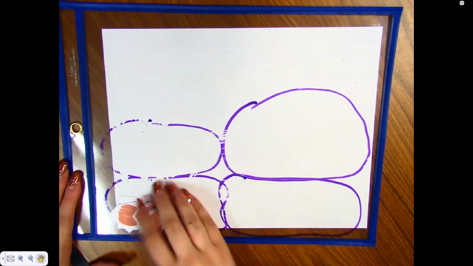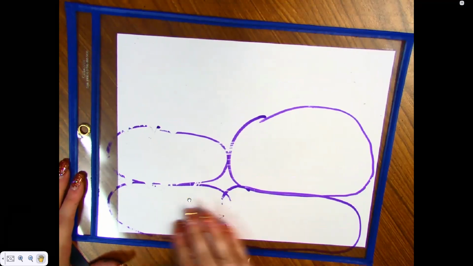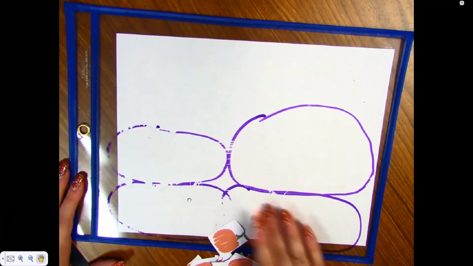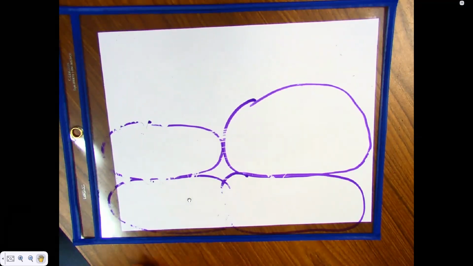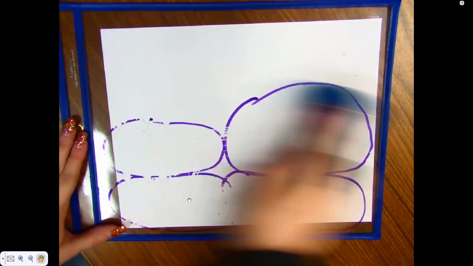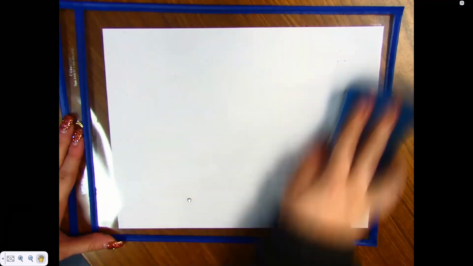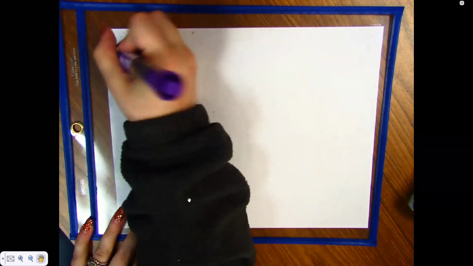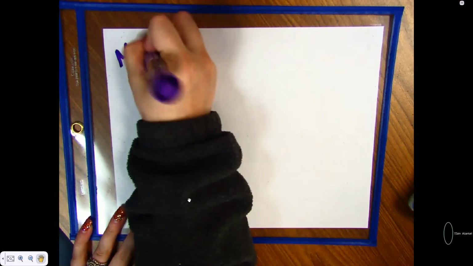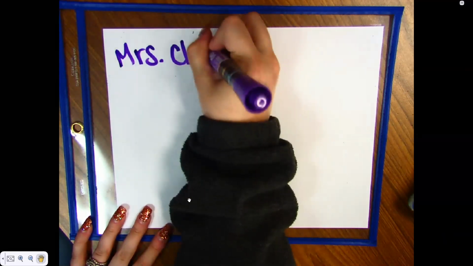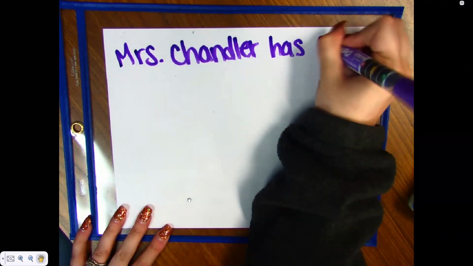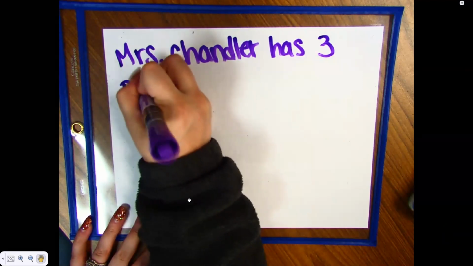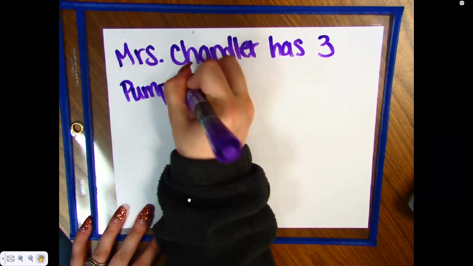All right, now watch, okay? Now I'm gonna show it to you. So I showed it to you in an equation. I've shown it to you how you would see it maybe as a picture. So if I had a word problem that said, Miss Chandler has 3 pumpkins.